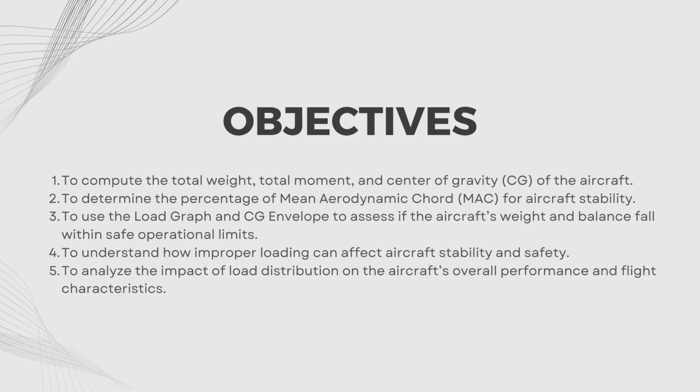Third, we use the load graph and CG envelope to check if our computed values fall into the allowable operational limits. Fourth, we want to understand how improper loading can affect the aircraft's stability and safety. And lastly, we aim to analyze the impact of load distribution on the aircraft performance and flight characteristics.